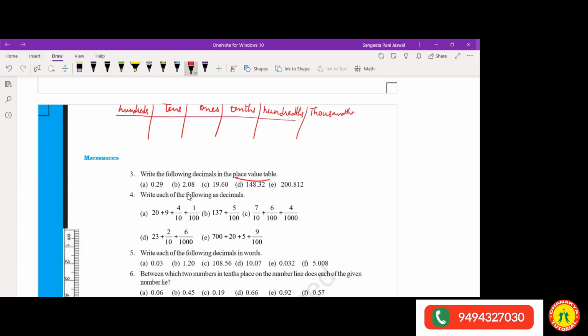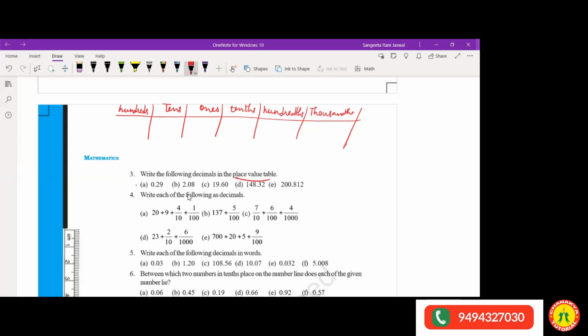So like this, you must make a place value table. Okay, one by one, I'll ask you now.